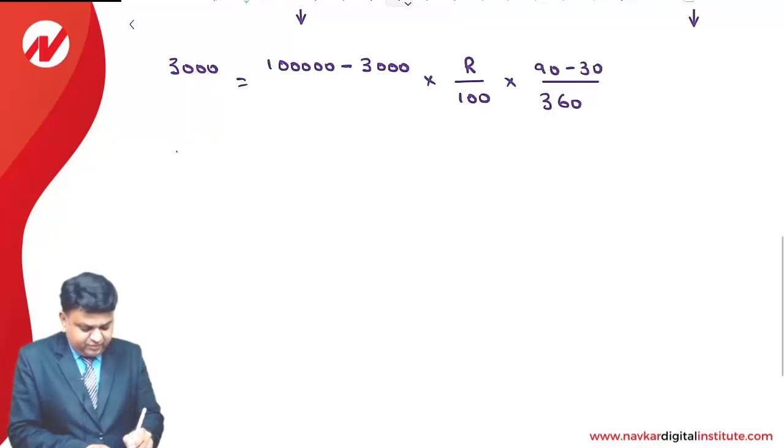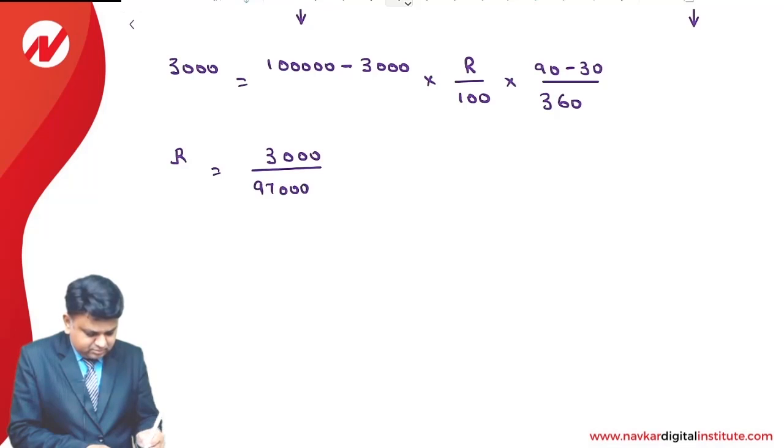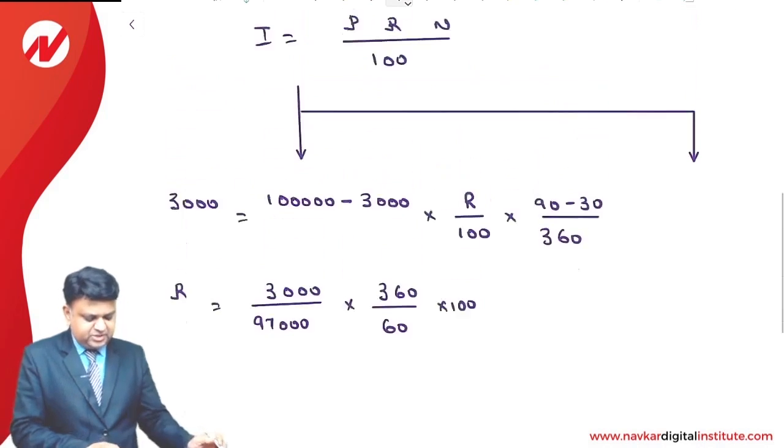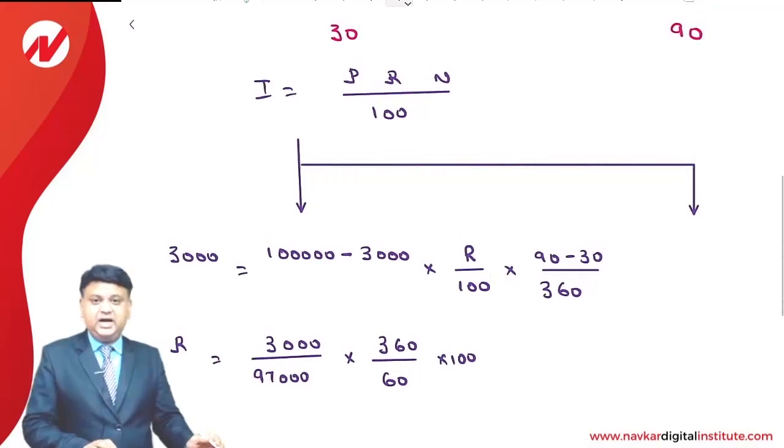So now R will be found as balancing figure. It is 3,000 upon 97,000 into 360 upon 60 into 100 for getting answer in percentage term. That is the way R will be found.